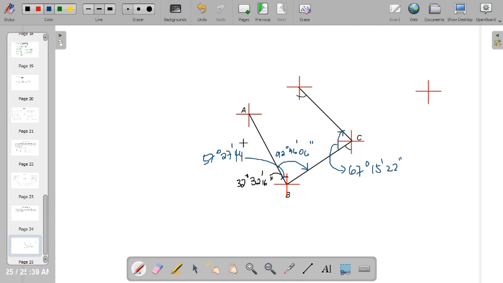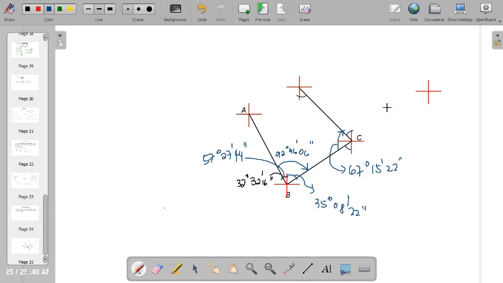So that's 57 degrees 27 minutes and 44 seconds. So if that is 57, therefore our BC is equal to 35 degrees 08 minutes and 22 seconds. It's not 38, it should be 35.